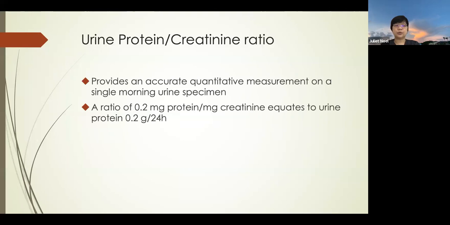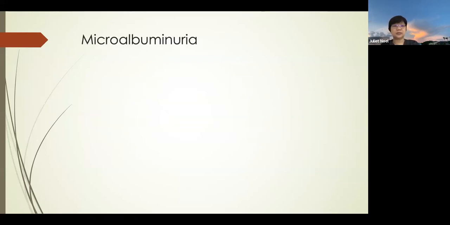A ratio of 0.2 milligram protein per milligram creatinine equates to 0.2 grams of protein for 24 hours.